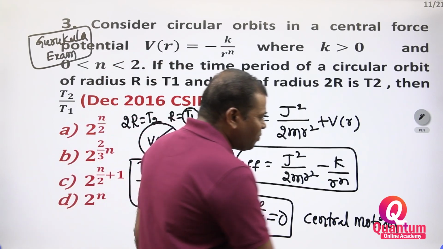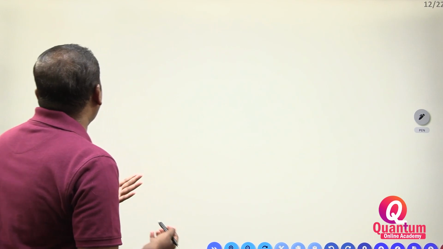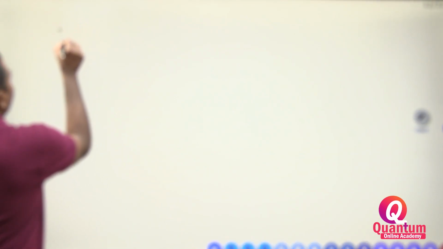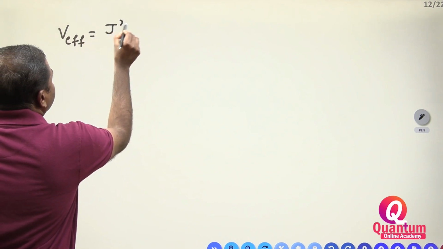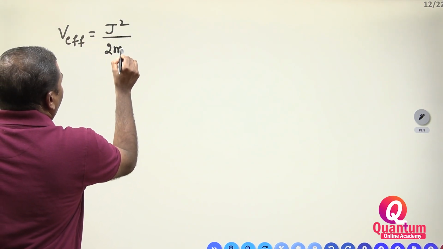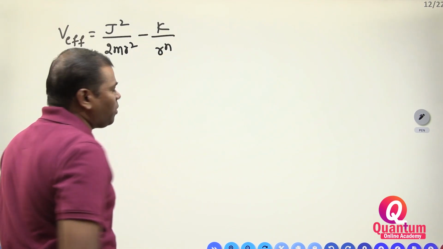How do we get it? We know V effective is equal to J square divided by 2m r square minus K by r to the power of n, correct?